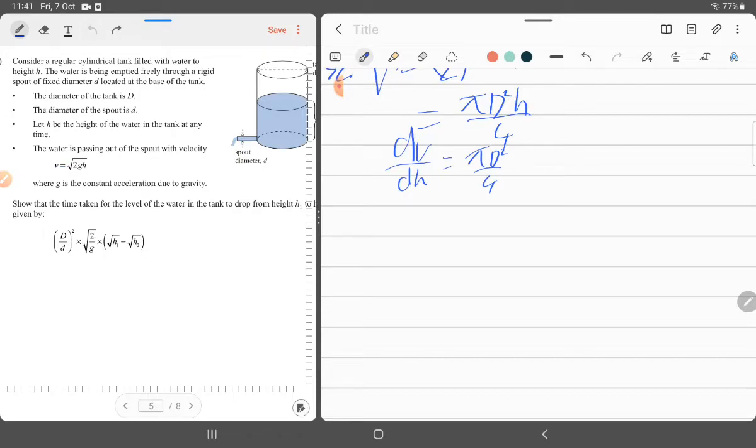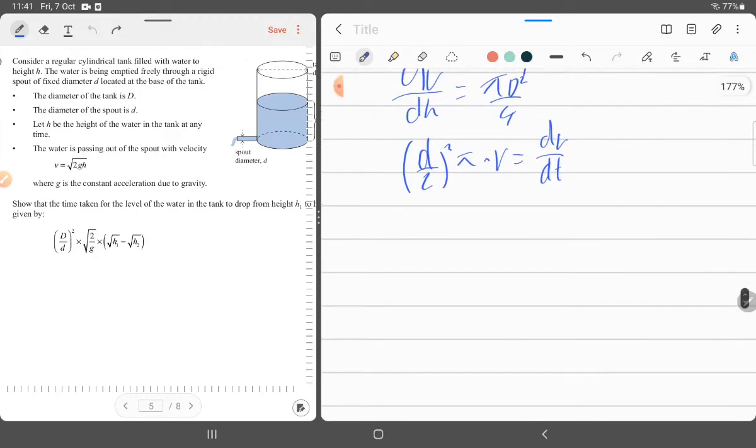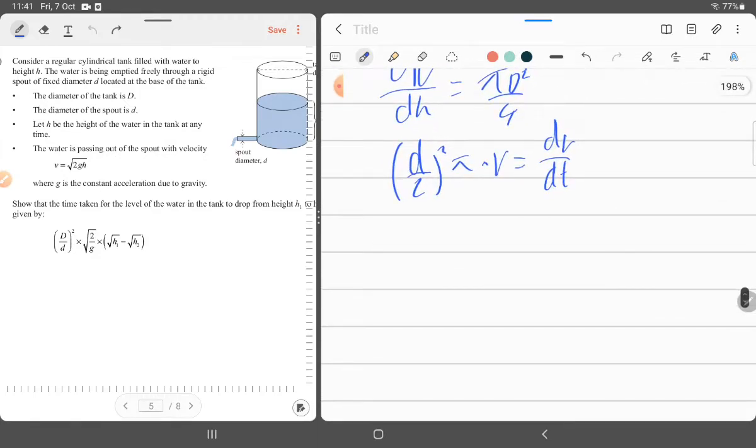So D over 2 squared pi times V is equal to dV over dt. And velocity is just square root of 2GH, so pi D squared over 4 times square root of 2GH is equal to dV over dt.